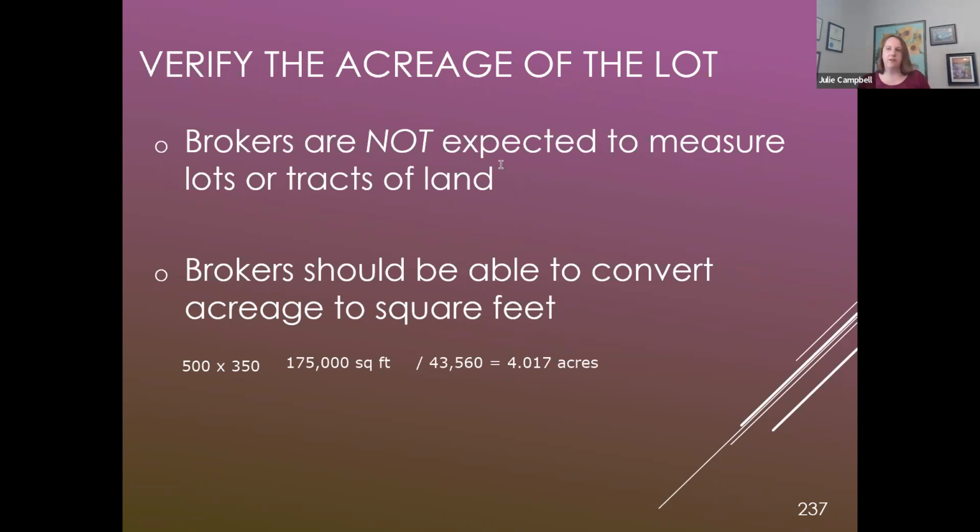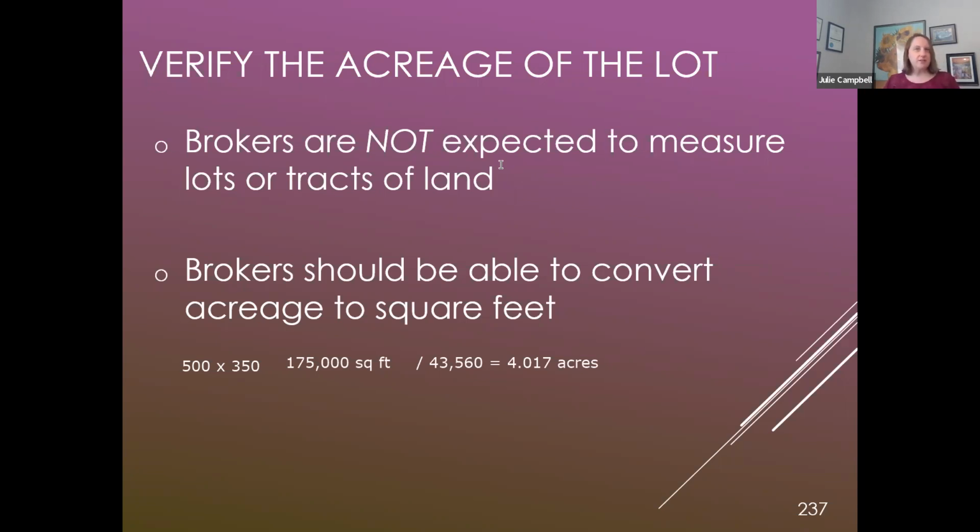So first, we had to find our square feet, which, if you have the survey, you have the lot dimensions. We took our square feet, 175,000, and then we divided by our magic number. And so we determined that this tract of land, this lot of land, is 4.017 acres.